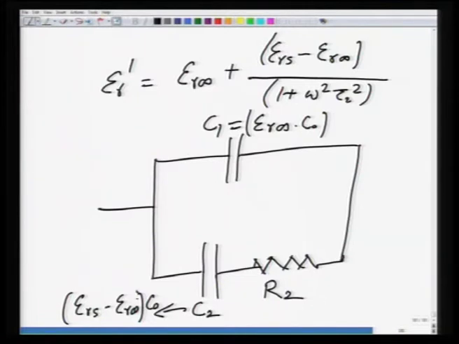Now you can see how this dielectric material looks like. It looks like an electrical circuit of this type, where C1 is the high frequency dielectric constant, and C2 is the difference between the low frequency and high frequency dielectric constant, in series with the resistance R2, which is the resistance of the material.